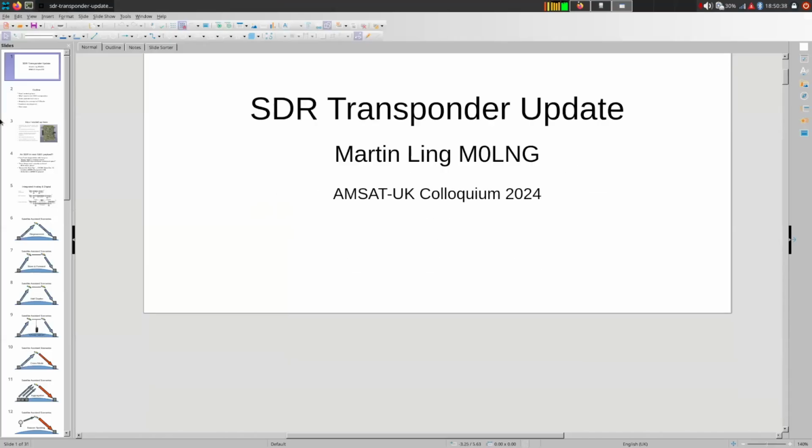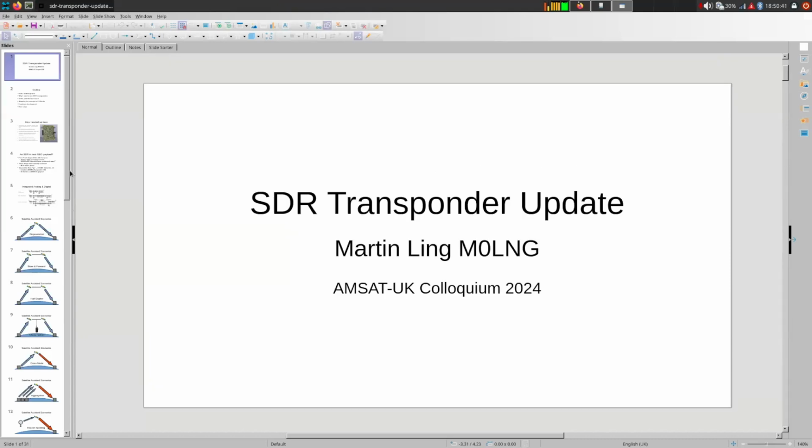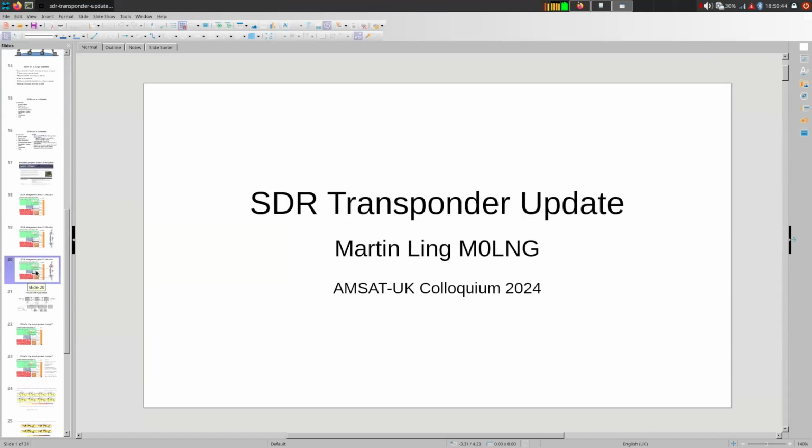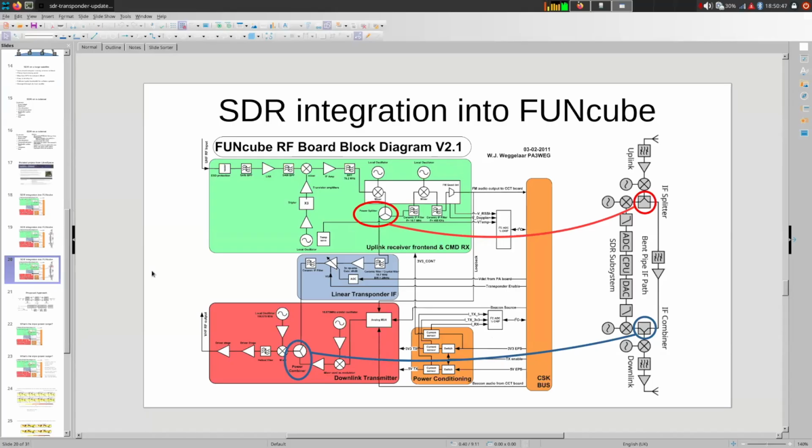So I've got my slides from that previous talk, and if I jump to this one here, I've got the block diagram of the RF board on Funky 1, AO-73, and you can see the red and blue lines connecting this to the theoretical idea on the right of what we're trying to build, a hybrid transponder that's got both a bent pipe linear transponder and an SDR subsystem within the same system.